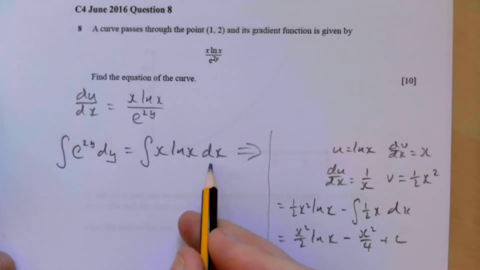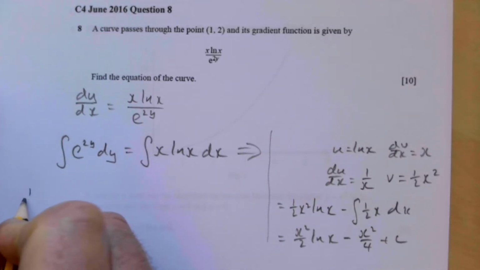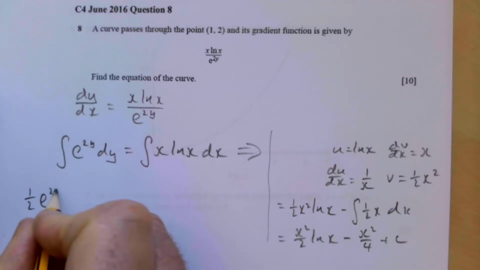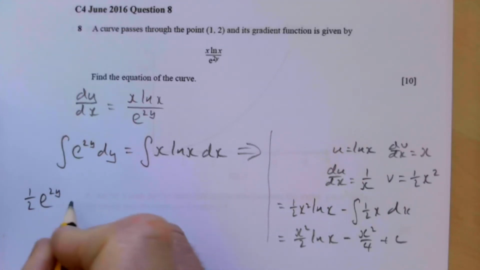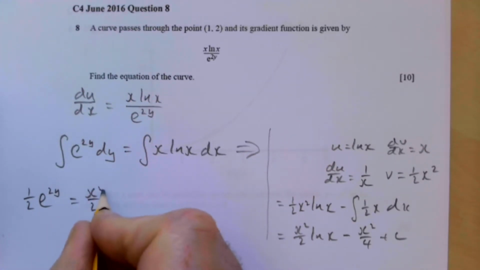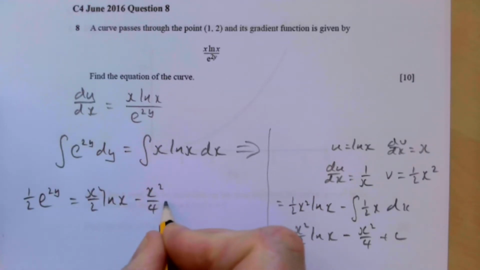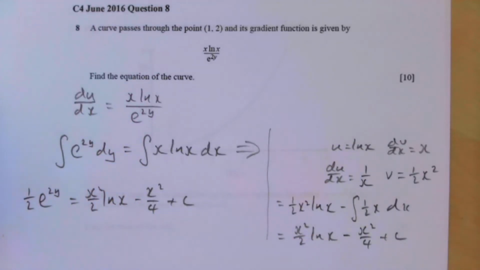So that's this wee bit here then integrated. Integrating this, I hope you're happy enough, it gives you a half e to the 2y, and then integrating this, we've just worked out, is x squared over 2 ln x minus x squared over 4 plus c.